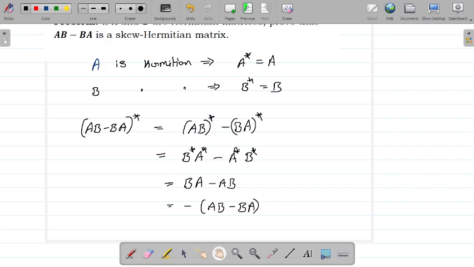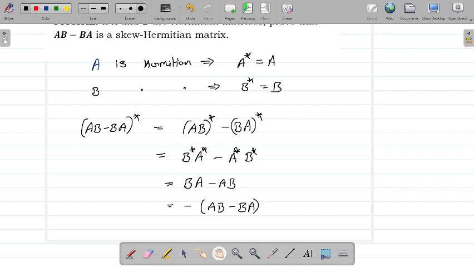So let's quickly look at the additional problem sheet. Yeah, here are the problems.